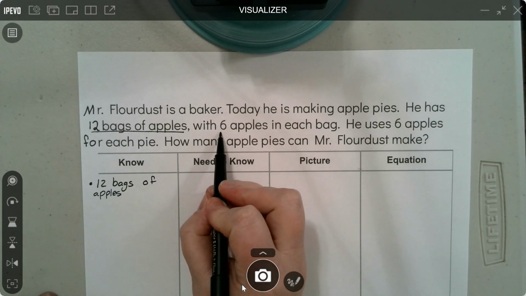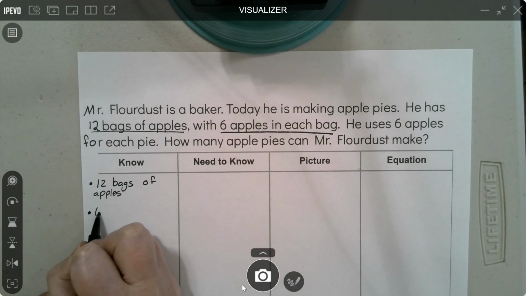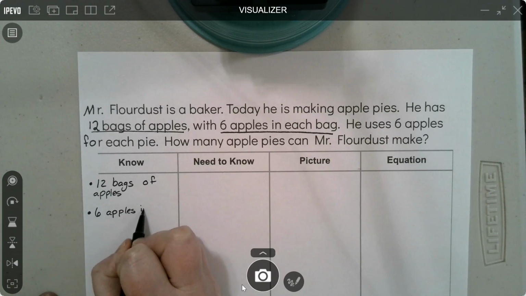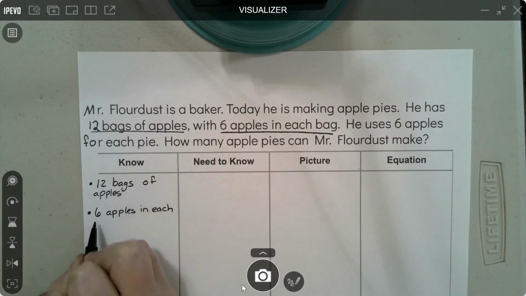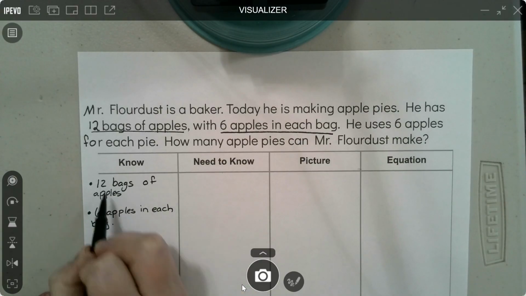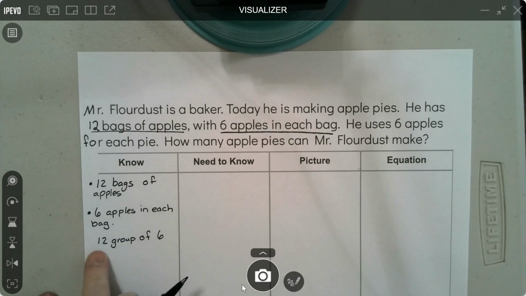Yes. There's 6 apples in each bag. So when we're looking at this, we have 12 groups. Each bag is a group. So that's why we have 12 groups, 12 bags of 6. So 12 groups of 6.